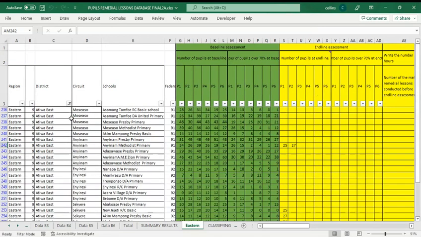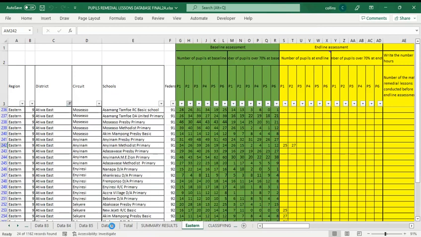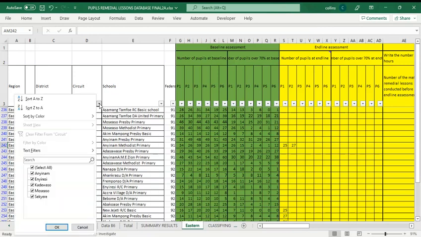So before you can sort it out and get to your school, you just have to go to the district, okay? Then you select the district, all right? And in this case, we have Etiwa East, so you select. Then here in this circuit, you select the circuit in which your school is.